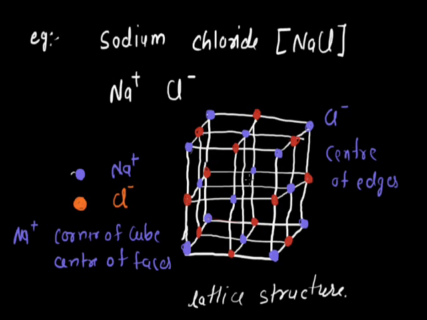And one Cl minus is also present at the center of the cube. Means Cl minus is present on the centers of edges and the center of the cube.